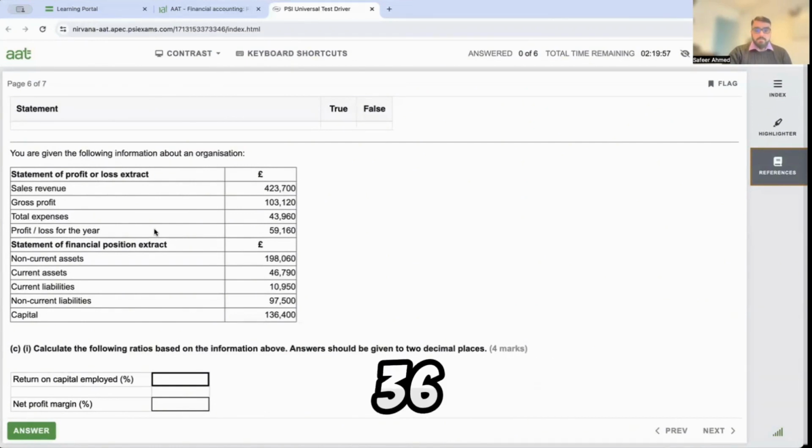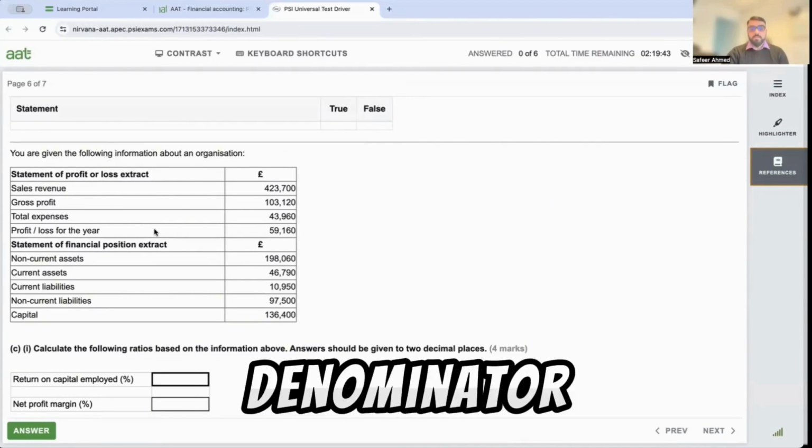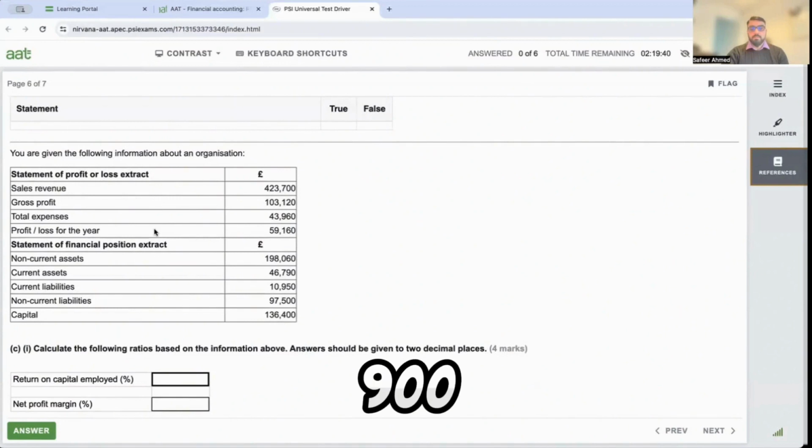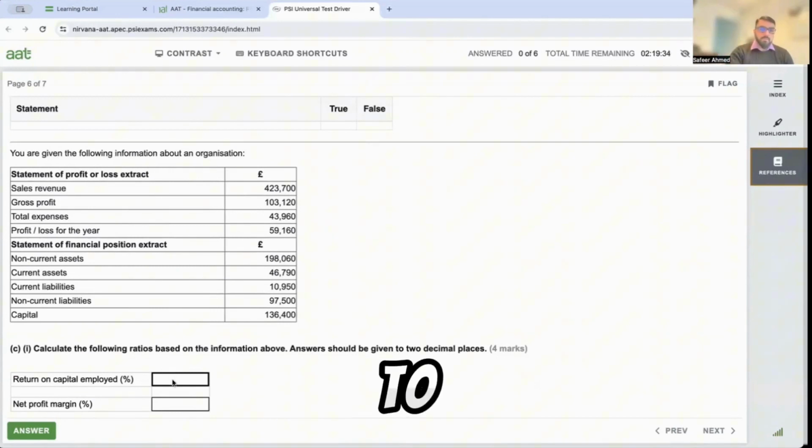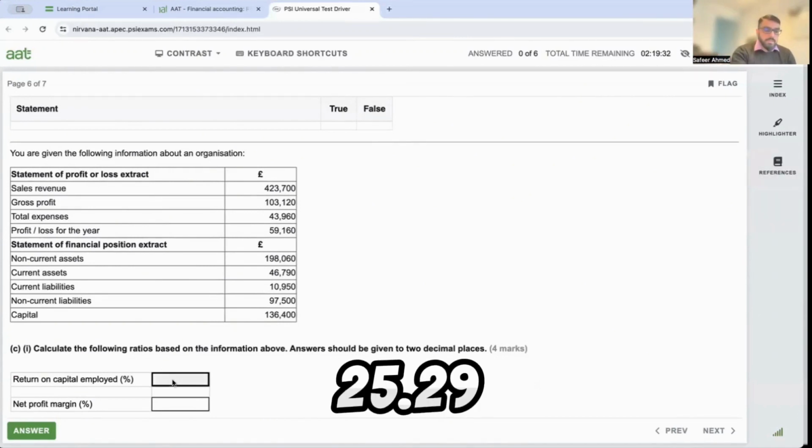The denominator will be 136,400 plus 97,500, which is 233,900. So the top value will be 59,160. In other words, numerator divided by denominator, 233,900, times 100. That gives you 25.29286. So remember, up to 2 decimal places, it will be 25.29.